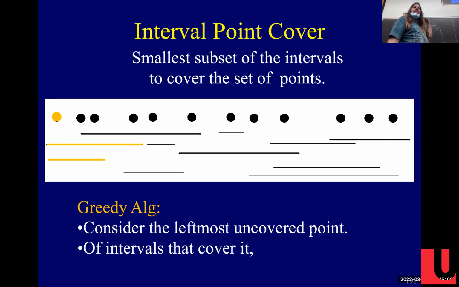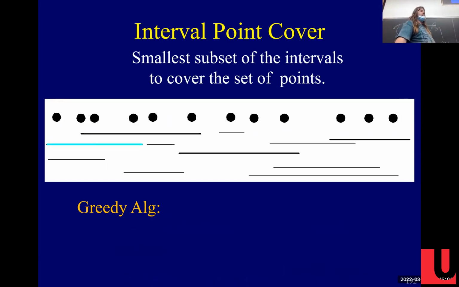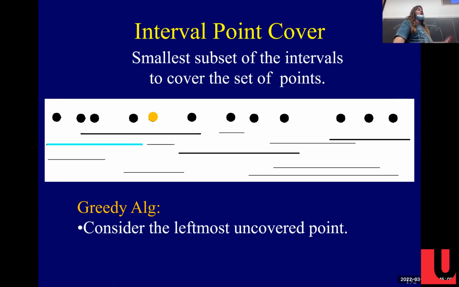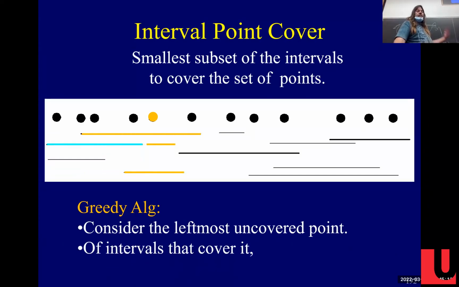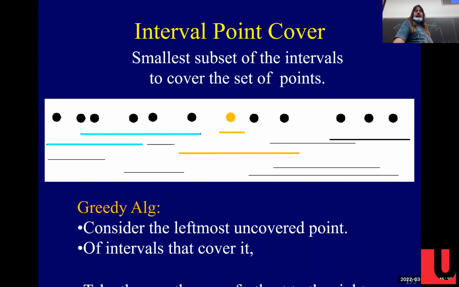Take the one that goes furthest to the right. Greedy. Take your first point that's not covered, take the intervals that cover it, take the interval that goes furthest to the right. It's just to the right because we've covered to the left. And that's the algorithm.